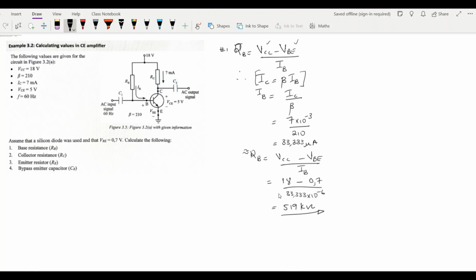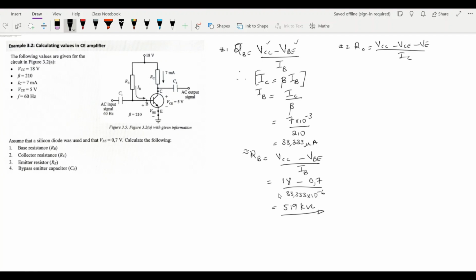Just like that. The next question, they want us to calculate the collector resistance. That is the second question. Now, the collector resistance RC is given by VCC minus VCE minus VE over IC.